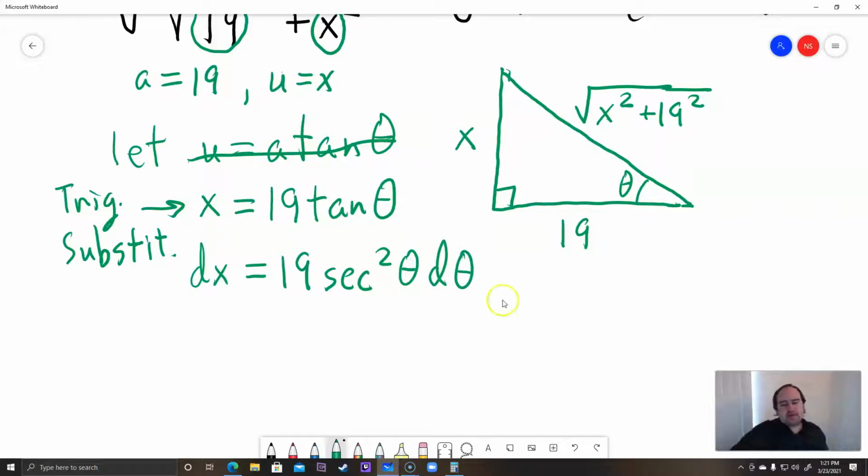You can think of that d theta either as being the chain rule, or as moving the denominator of dx/d theta to the other side. Either way, you should just be taking the derivative, and then you need to have a d theta over here. And I don't recommend that you solve for d theta, because this is already solved for dx.